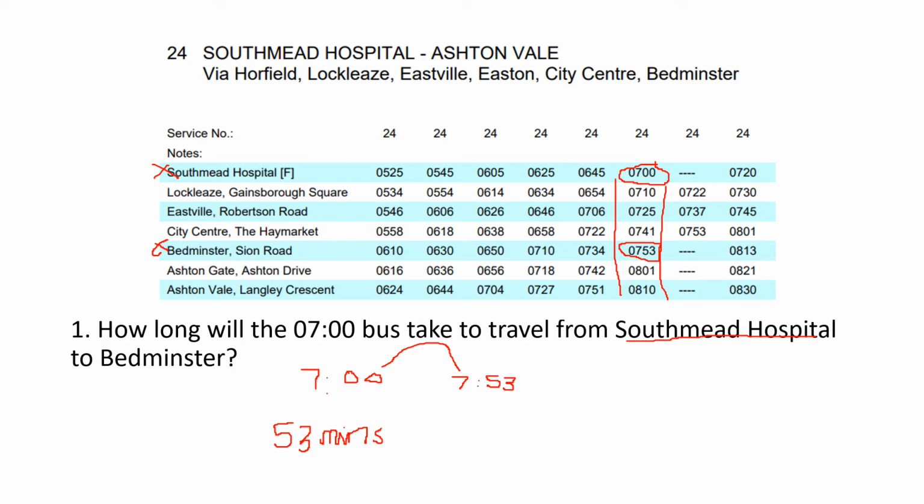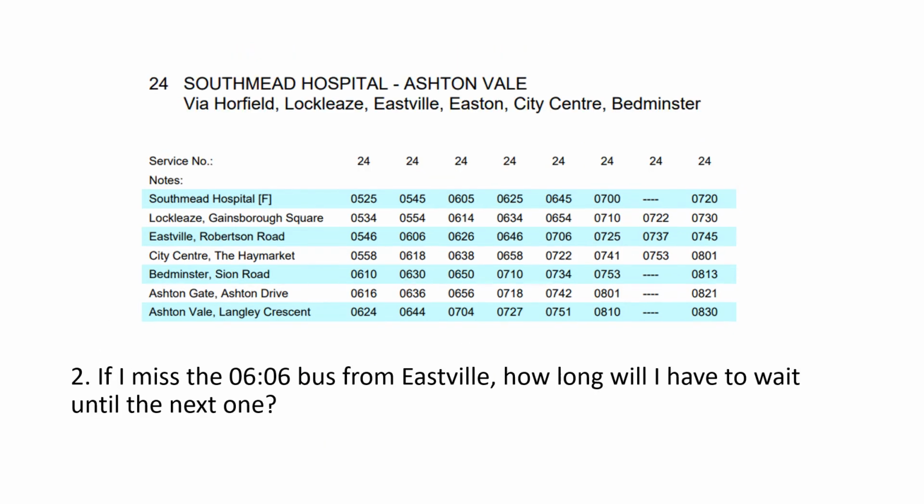Let's have a look at another question to help us understand how to read the timetables. My question here is number 2. If I miss the 6:06 bus from Eastville, how long will I have to wait until the next one? So I'm looking at the locations until I find Eastville. There's Eastville.